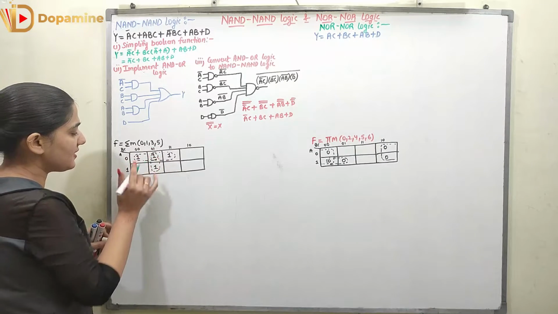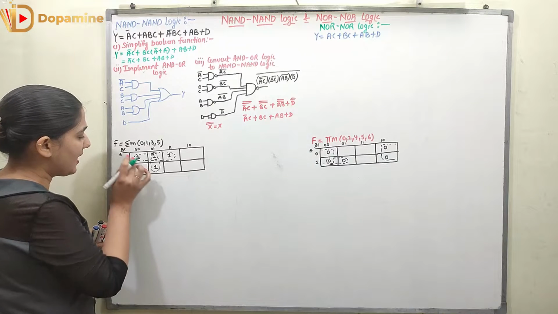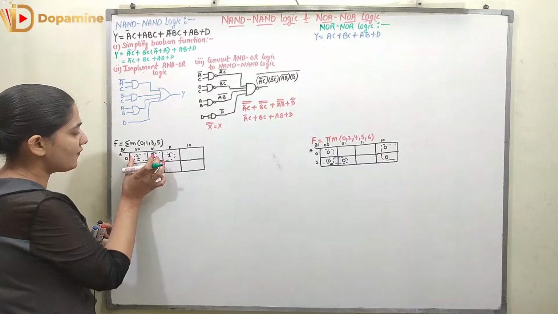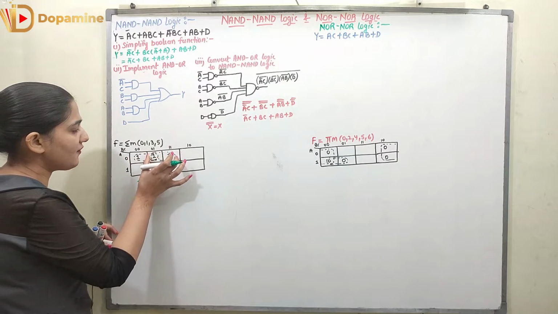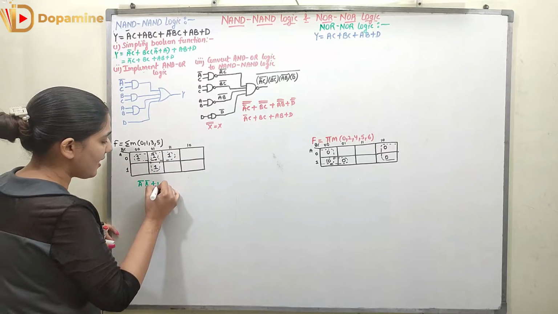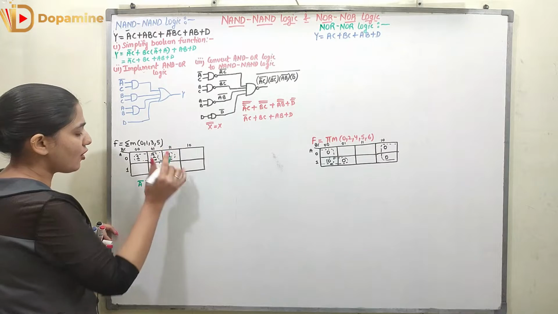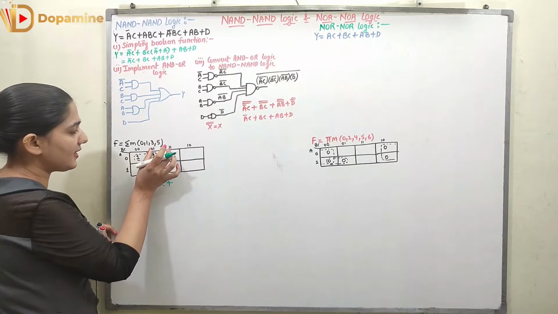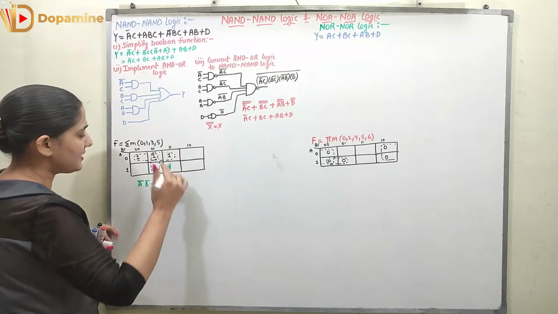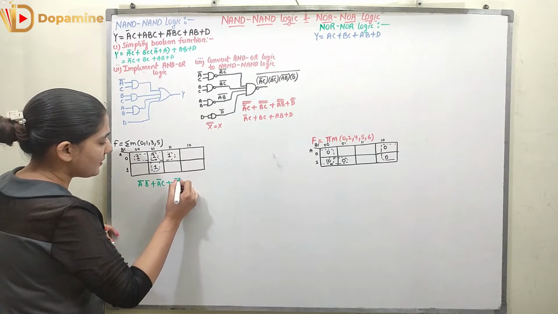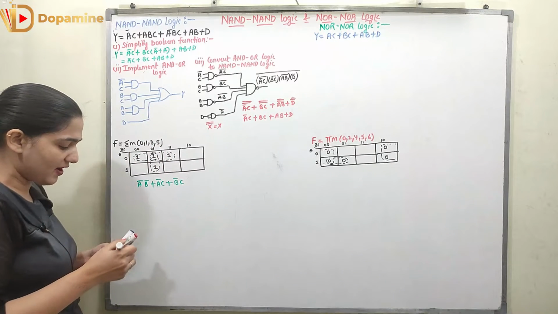This pair is representing a bar, since a is 0 which is common for both of them, and then we have b bar. If I see these two, again here we have a bar, and what is common? C is common, so I can write c over here. C is 1 for both of them, b is varying. So if I see this, it is b bar c. So this is the simplified Boolean function.